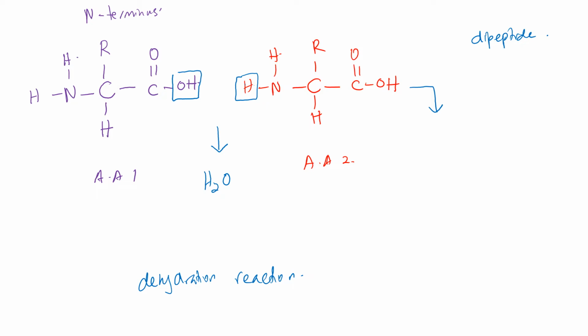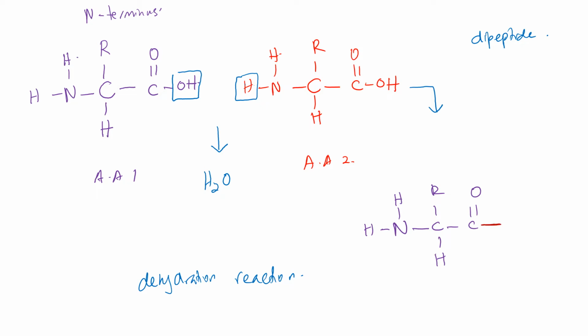You just draw back the initial structure, which is you have the nitrogen with the two hydrogens, the carbon, the side chain, the hydrogen atom, the O. Okay, so you have removed the OH from the carboxyl group, so now you have to connect the first amino acid to the second amino acid through the formation of a peptide bond.